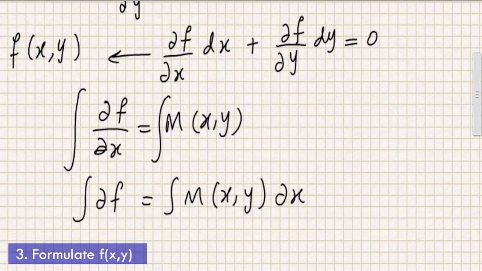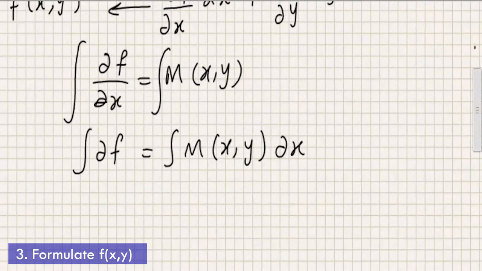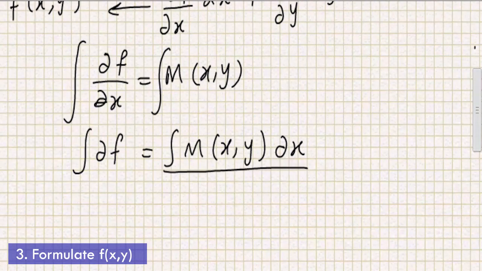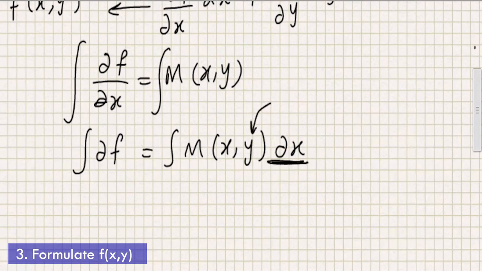So we know that partial integration would be similar to partial differentiation, in which we will have to consider the variable which is being ignored, in this case y, because we are taking the integral with respect to x. We will have to take this variable y as constant, right?